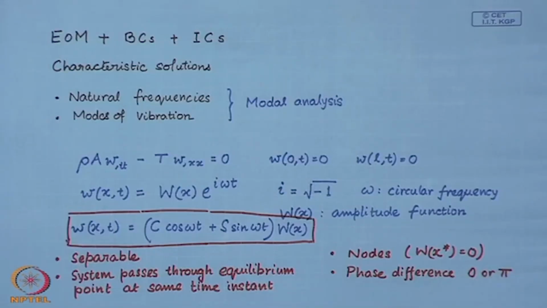So, if you take any two points x 1 and x 2, and if you observe the product of this amplitude function, if this is positive, then the phase difference is 0, if it is negative, the phase difference is pi.